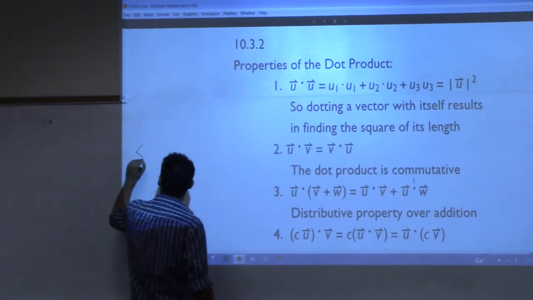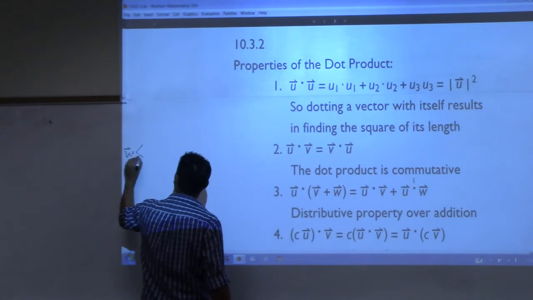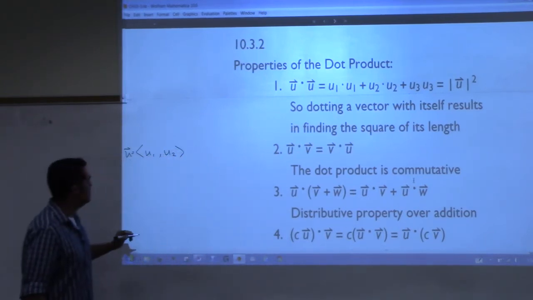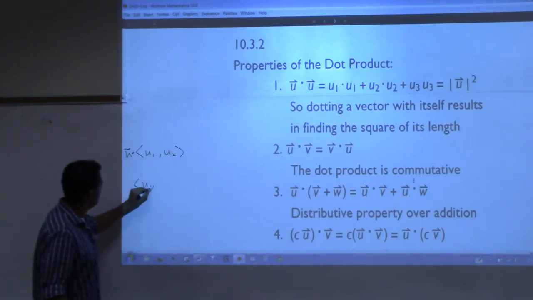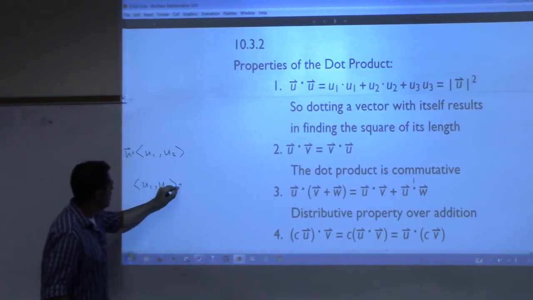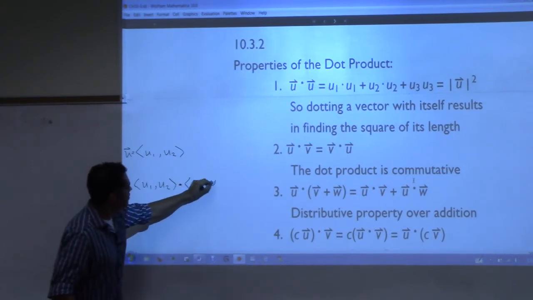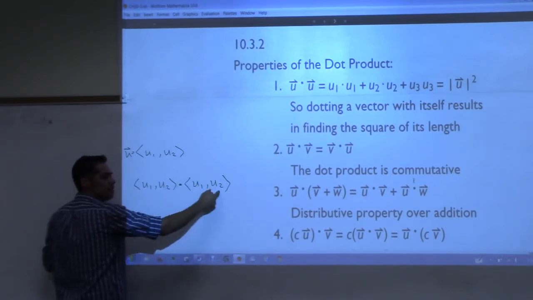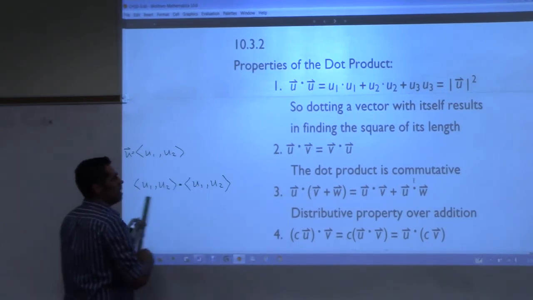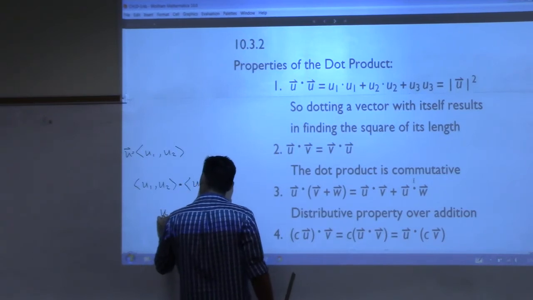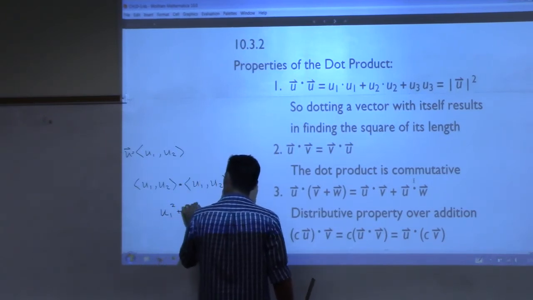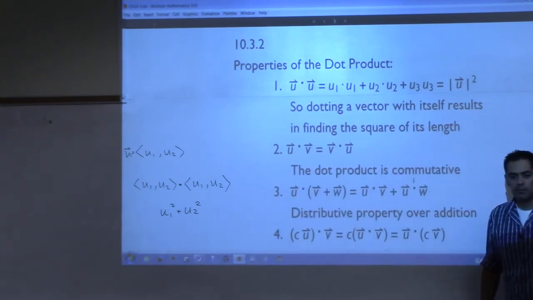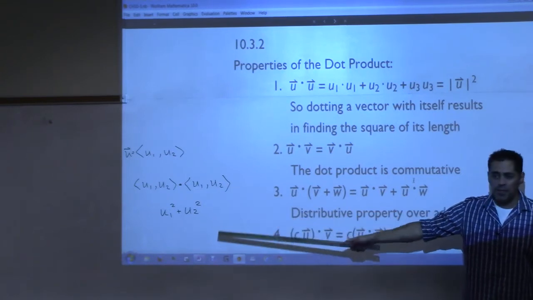If I take the vector u, which is u1, u2, and I dot it with u1, u2, then you're going to go u1 times u1 plus u2 times u2, right? Which I don't write up here, but this would be u1 squared plus u2 squared, wouldn't it? That's what it would be if I dotted a vector with itself.